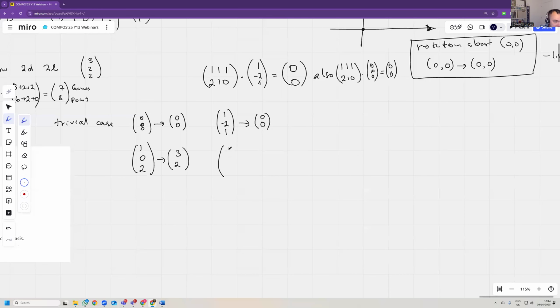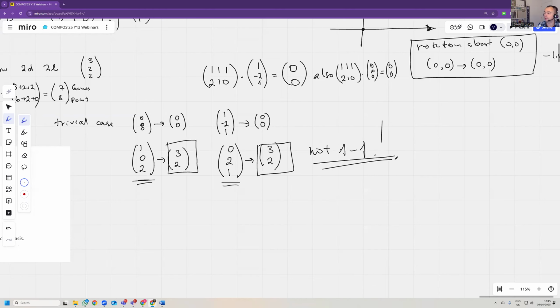Or you had 0 wins, 2 draws and 1 loss. That means you played 3 games in total and you scored 2 points. So you have two different vectors with the same image. So no, not one-to-one. Okay, does that make sense?